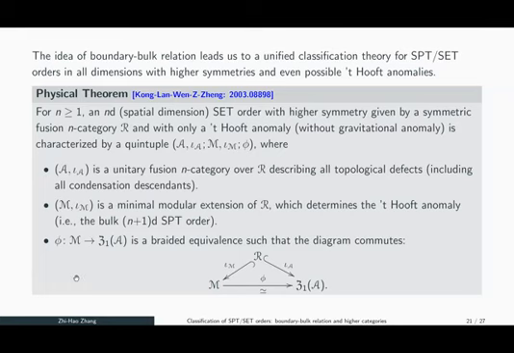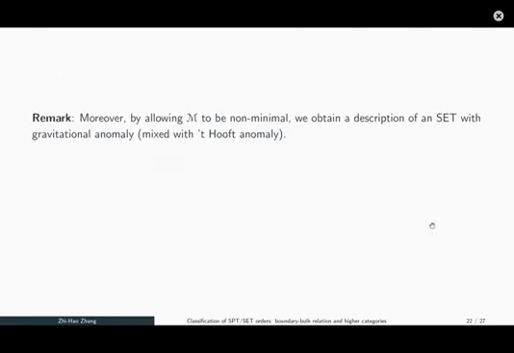And finally, we need a braided equivalence that says the bulk of A is the same as this SPT order. Okay, and we have this commutative diagram, which means the symmetry charges are preserved. If we allow M to be non-minimal, we also obtain the description of SET orders with so-called gravitational anomaly.